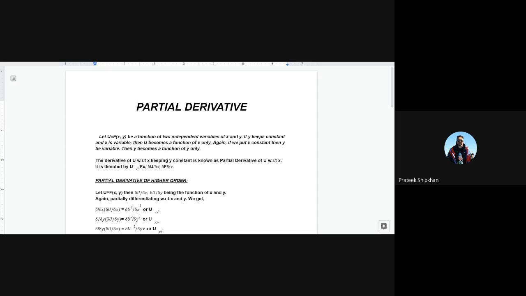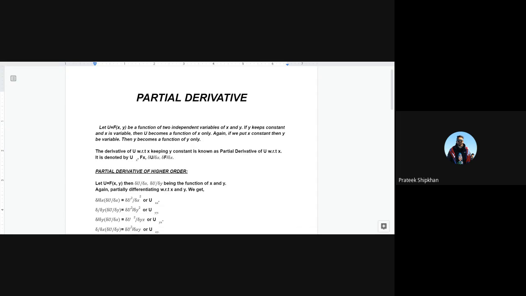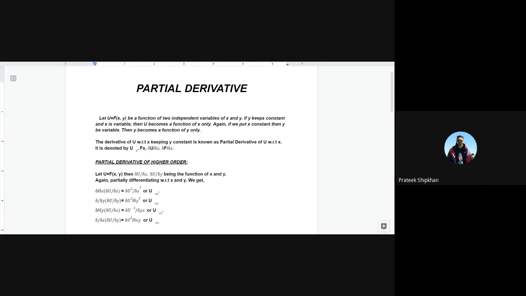Then, in partial derivative, if we do derivative of f with respect to x, it only cares about movement in x direction. That is, x seems to be variable and y must be constant throughout the process. And same goes while doing derivative of f with respect to y. With respect to y, then we must keep x constant and y should be variable.